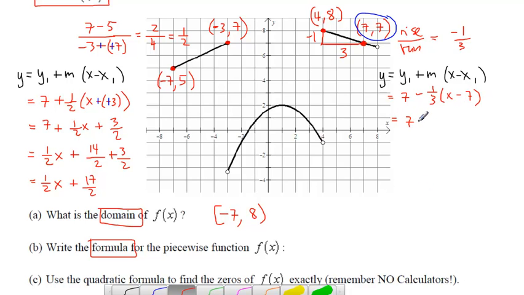So I distribute, you get minus 1/3 x plus, since it's a negative times a negative, 7 over 3. So I'm going to rearrange this sum. 7 is going to become 7 times 3, 21 over 3, plus 7 over 3. So I'm going to get negative 1/3 x plus 28 over 3.